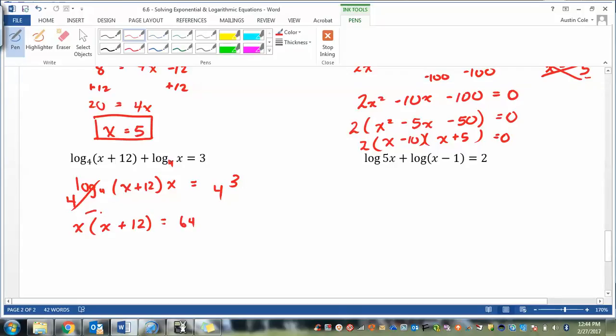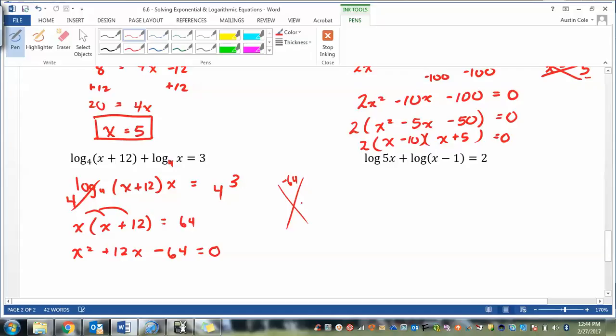Okay, so now I'm going to distribute on the left, so I'm going to get x squared plus 12x, and I'm going to minus the 64 over in one step, so minus 64 there, and that's going to equal 0.